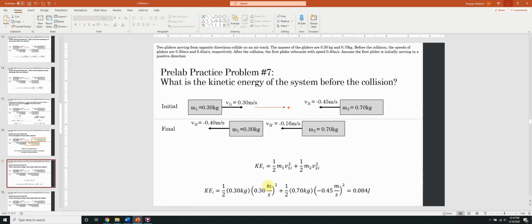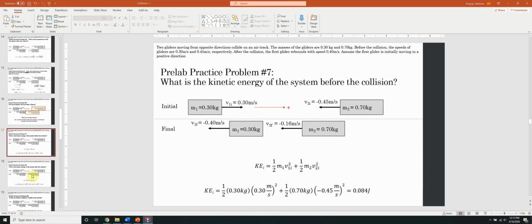We're going to square that term. Then we're going to add it to 1/2 times m2, which is 0.7 kilograms, times v2 initial, which is negative 0.45 meters per second, and we're going to square that term. Now, when we multiply out and add these up, we get that this is equal to 0.084 joules.